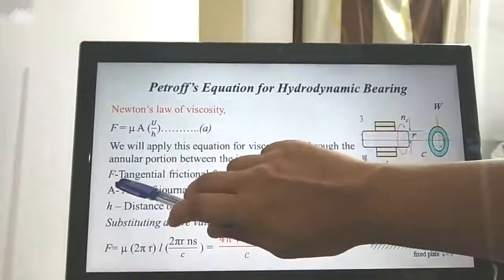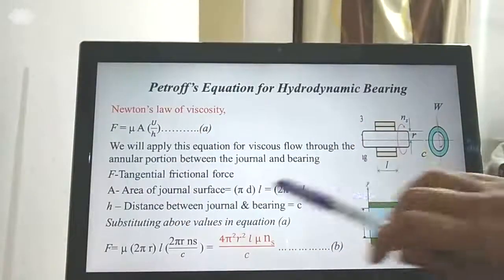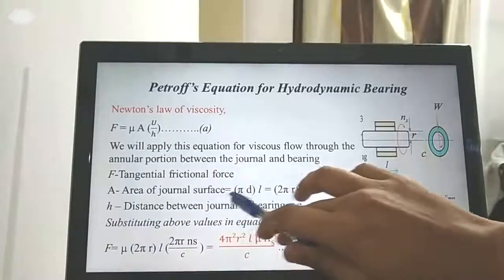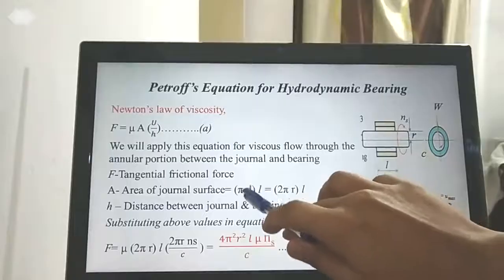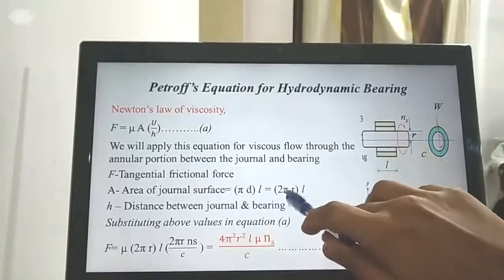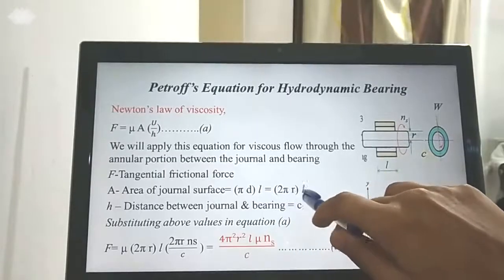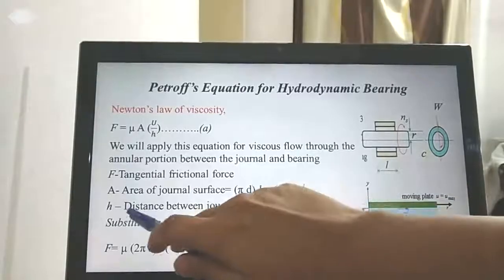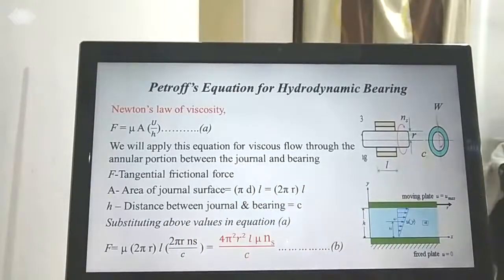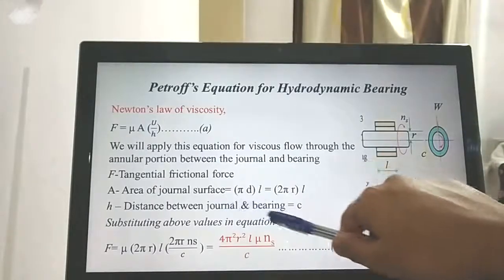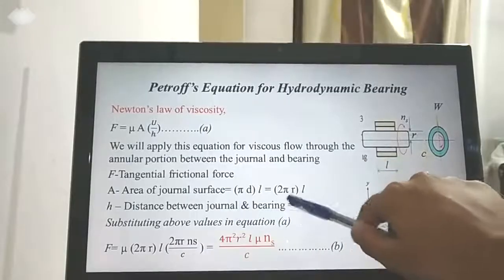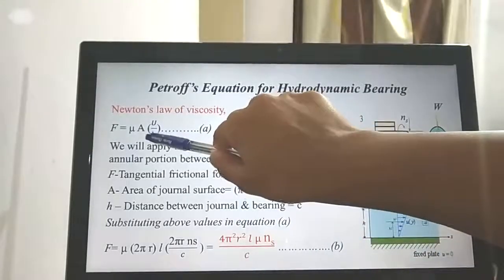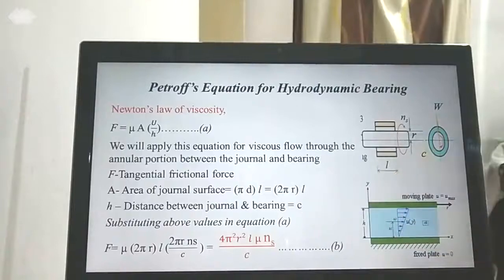F is the tangential frictional force, A is the area of journal surface, so it is pi dl. Instead of d we put 2r, so it is 2 pi r into L. Then H is the distance between the journal and bearing, which is equal to C.